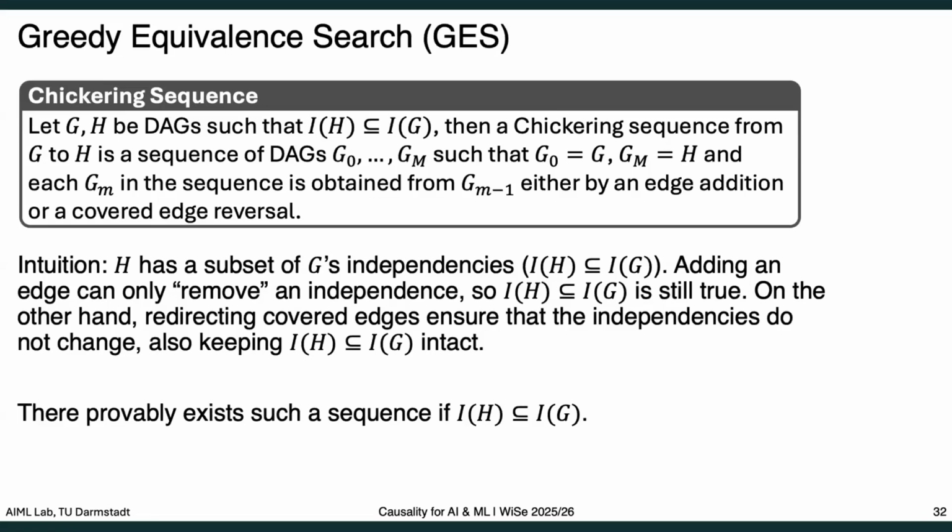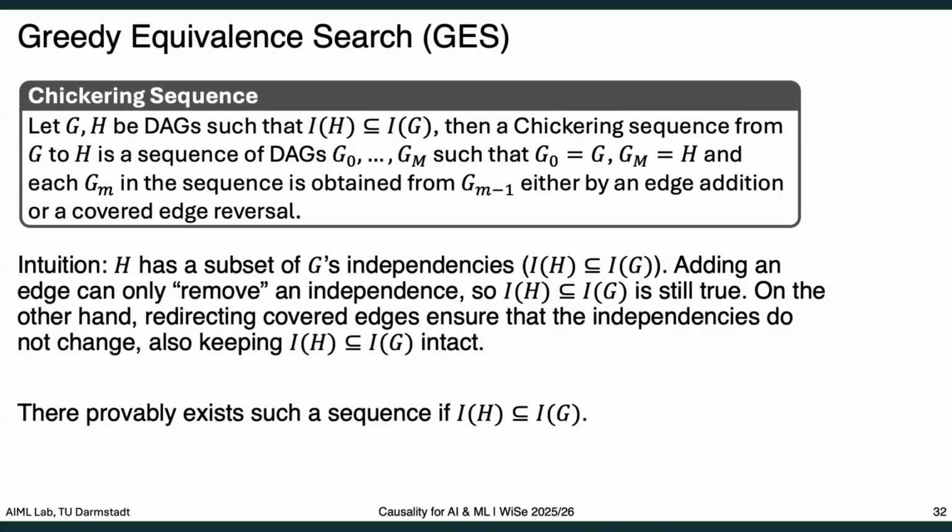Maybe I'll just quickly read it. If we have two DAGs such that the independencies of one are a subset of the independencies of the second one, then the Chickering sequence is a sequence of DAGs, step by step, such that we start with one, we end with the other, and each one is obtained from the previous one either by an edge addition or a covered edge reversal. So if we add an edge, we can only remove an independence by doing so.